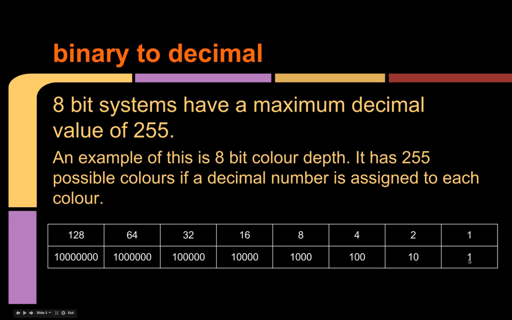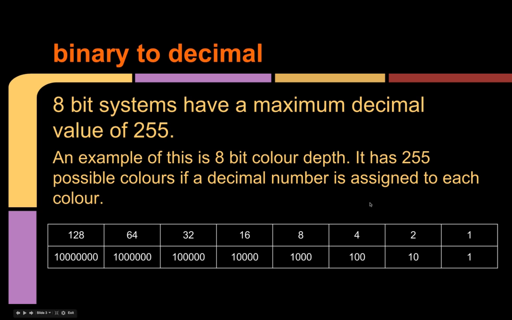So 1 is 1, so the top row is my decimal, the bottom row is my binary. 1 0 is 2, 1 0 0 is 4, 1 0 0 0 is 8. And you'll note that I'm not calling it 1000 or 100, because that's actually a little bit misleading.